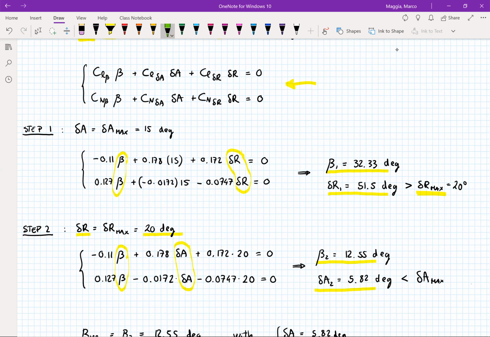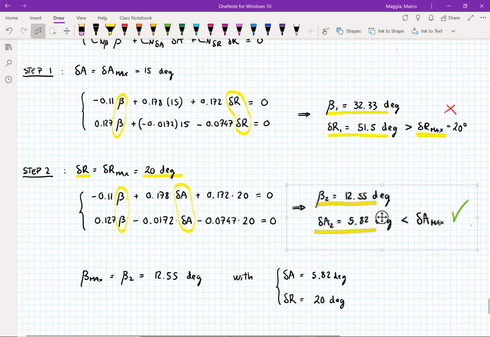So this is good, and we have to reject the first one. So the maximum side slip angle is the one from step two, 12.55 degrees, obtained using an aileron deflection of 5.82 degrees and a rudder deflection of 20 degrees.